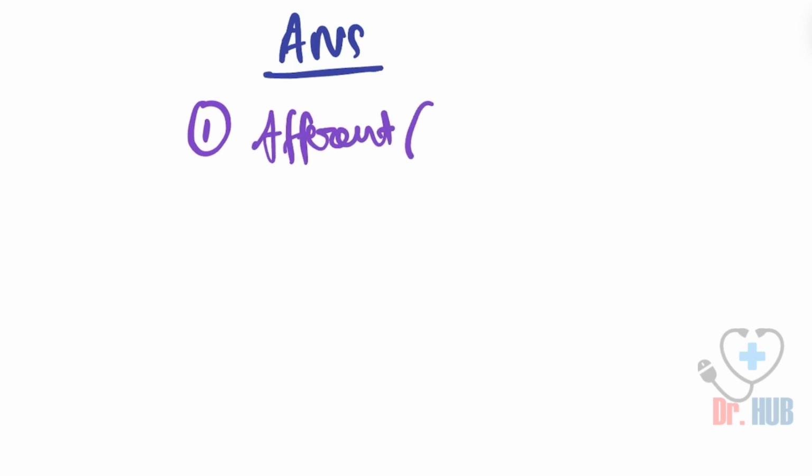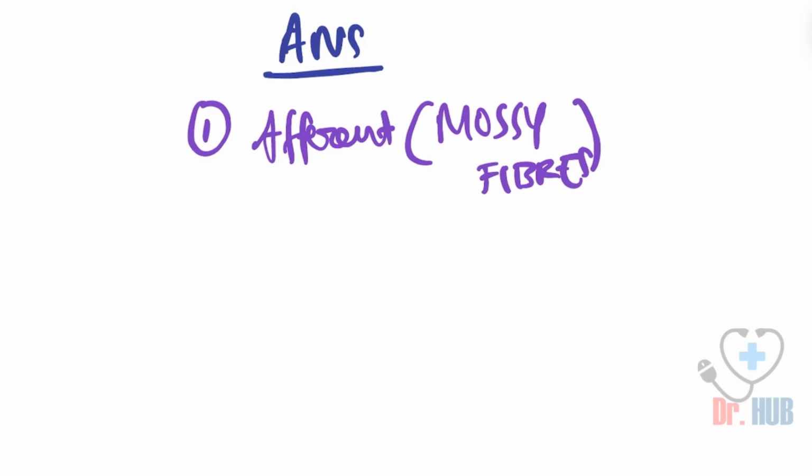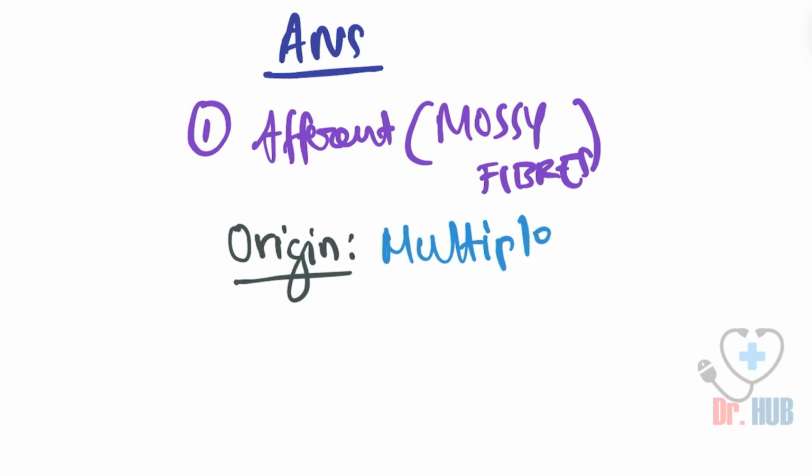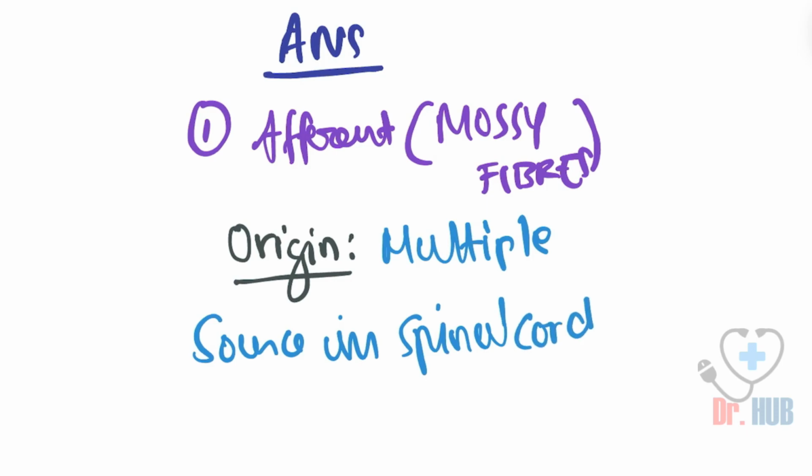Looking at the origin, mossy fiber origin is multiple sources in the spinal cord and the brainstem.